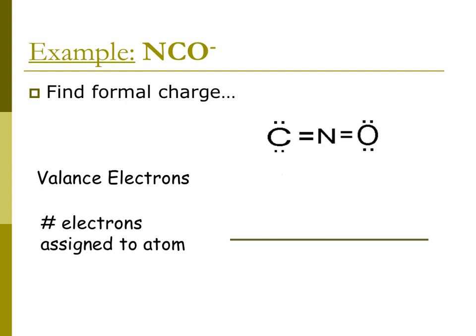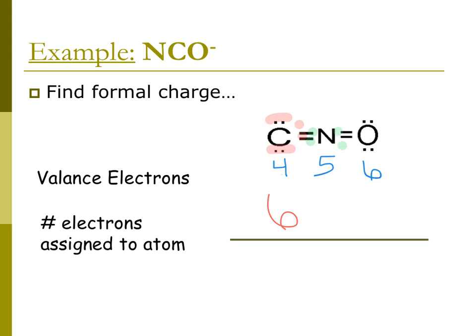Again, we're going to start off by determining the valence electrons. So again, for carbon it's 4, nitrogen 5, and oxygen 6. Now let's look at how many electrons are assigned to each atom in this version. So first, starting with the carbon, I have my 4 electrons in the lone pairs, and then 1 from each of the bonds, so that would be a total of 6 for the carbon. Then if we look at the nitrogen, we have 4 total bonds.